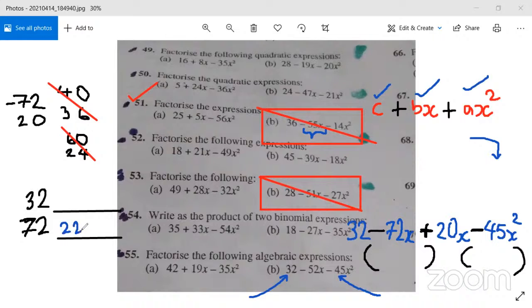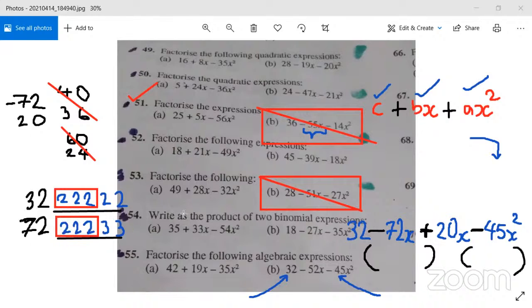Triple 2, which is 8, by double 3. But this will be 8 times 4. Oh, have a look at that. Our HCF is going to be here, right?